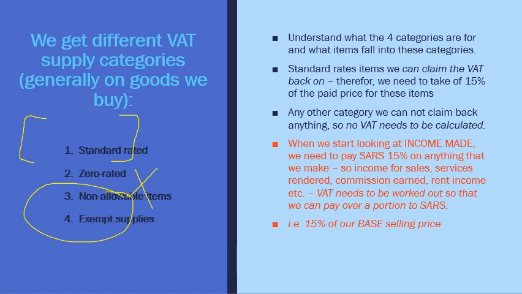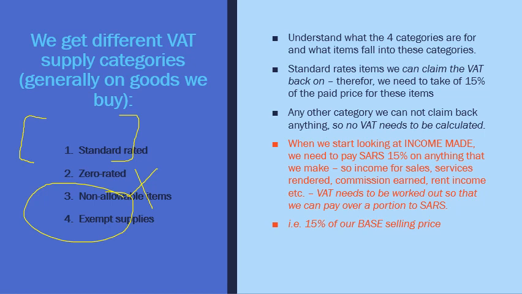When we move over to the section in red, there I am speaking about income made. Okay, remember, as a business, we are buying lots of goods in, we are then producing a product. Okay, so when we produce that product and we start selling it, SARS takes 15% on anything that we sell. Okay, so any income really.